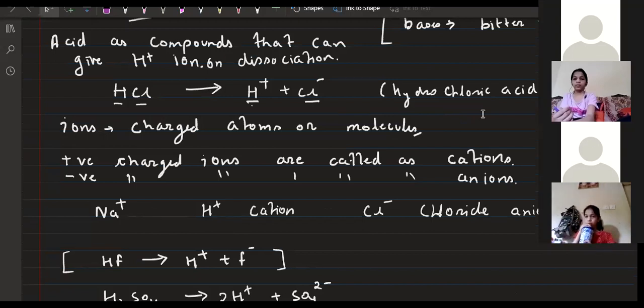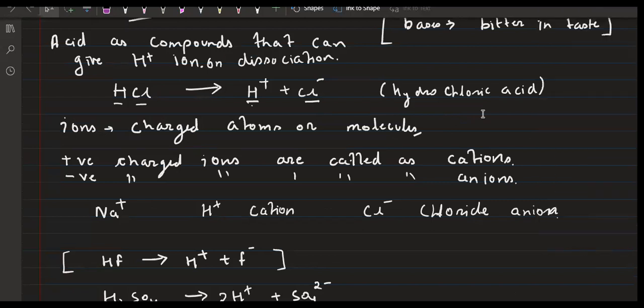Now we studied what is an ion. Charged atoms or molecules are called ions. If we have a positive charge, then it is called a cation. See this? Positively charged ions are called cations. Yes, very good.